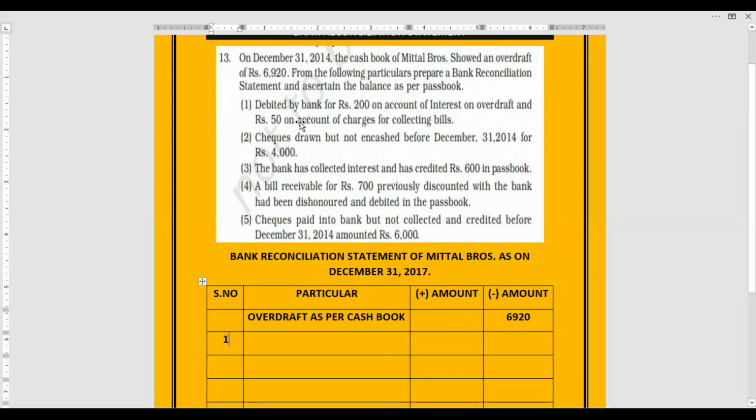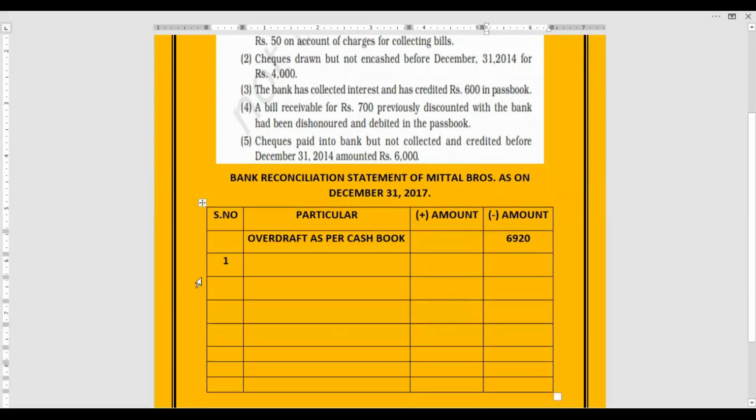So 250 is debited in the passbook. That means 250 is reduced in the passbook, but in the cash book there is no change. Therefore, in the cash book also we have to reduce. So we will enter 250 in the minus column. First one.